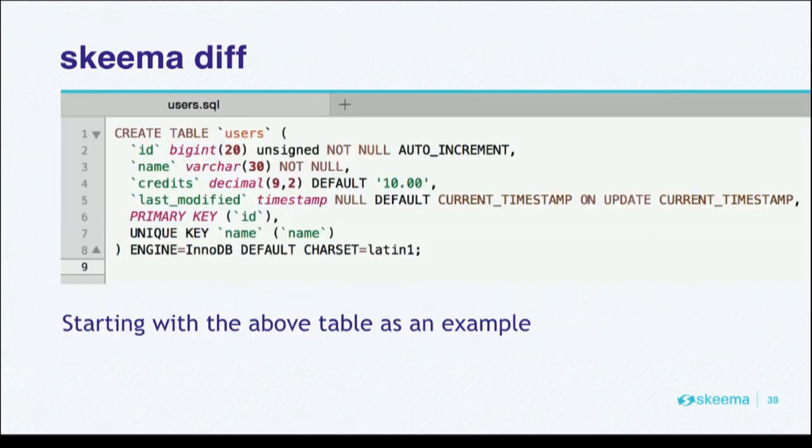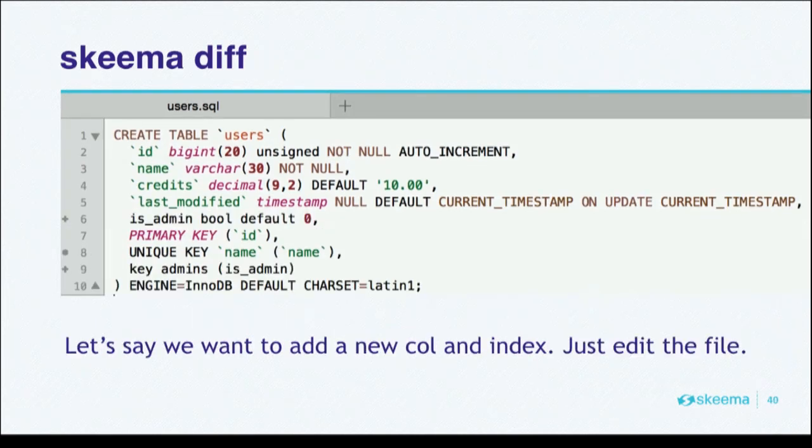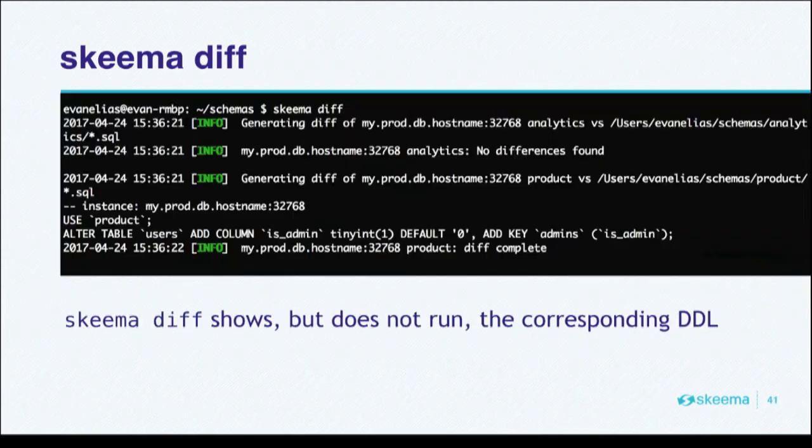So to show you what that looks like, let's go back to this example table. Say we want to add a new column and add an index. So we just go in your text editor and add a line for the new column, add a line for the new index, save the file. Then after that, if you run schema diff, it will compare the state of whatever environment you specified. And again, the default is always production.